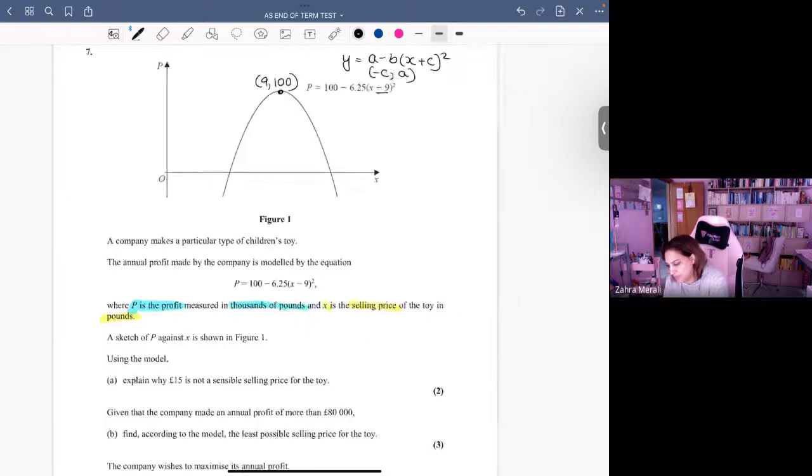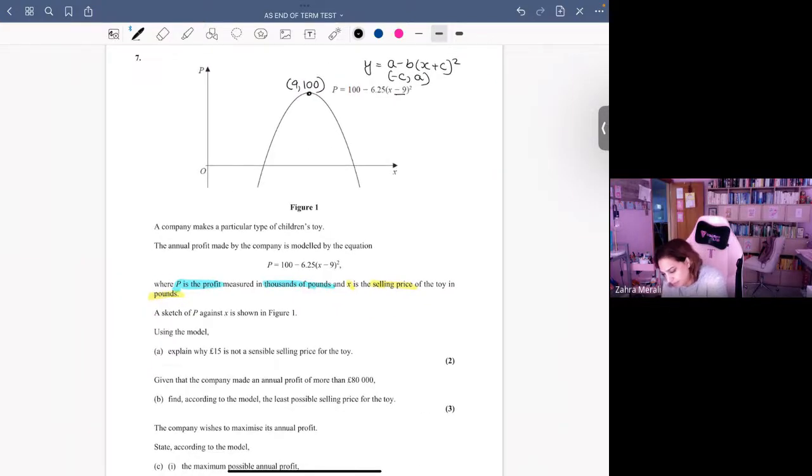Right, I'm going to substitute in some numbers. It says explain why 15 is not sensible, so let's put 15 in. Now, when I stick that in my calculator, I get minus, so 15, oh, let me double check this, 9 squared times minus 6.25. 15 minus 9 squared.